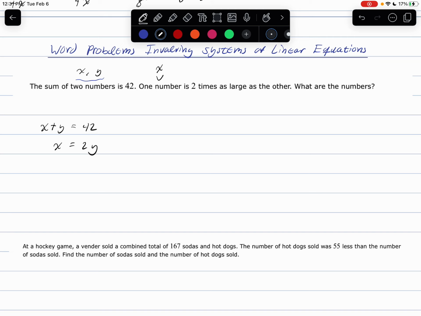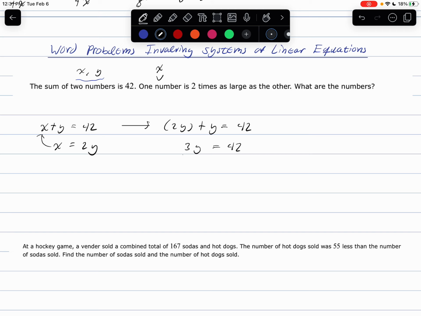This is a perfect example of when we want to use substitution. Let's take x equals 2y and substitute it in the first equation. This gives us 2y plus y is equal to 42. 2y plus y gives us 3y, and this is equal to 42.